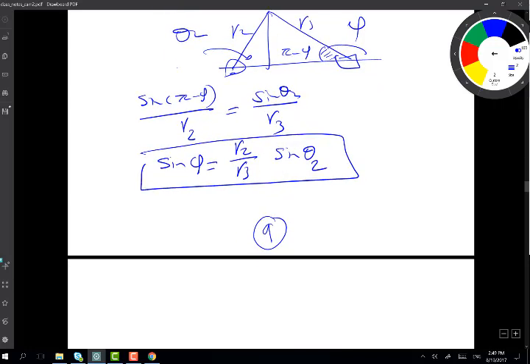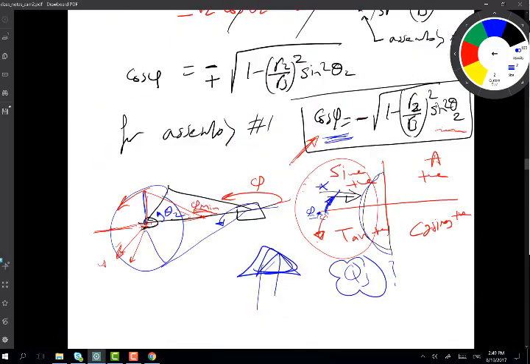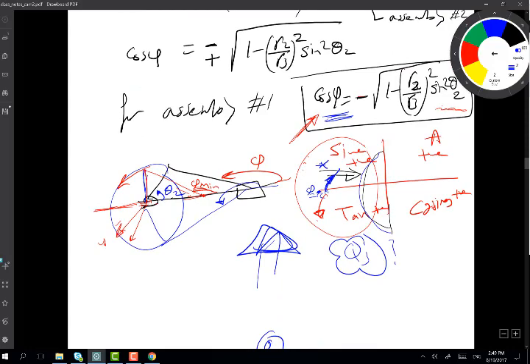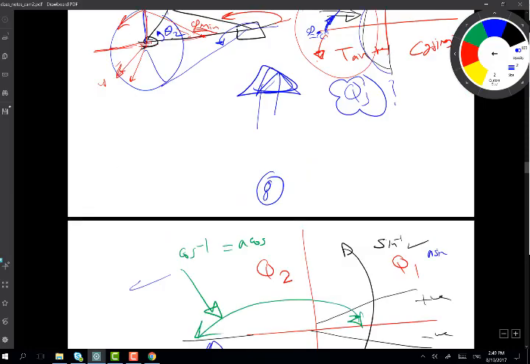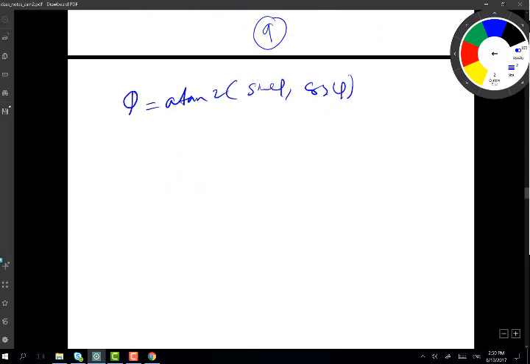So now at any value for theta 2, I can plug the value over here to get my cosine phi, and then plug it here to get sine phi, and then put both together in atan2. So I can say phi is equal to atan2 of sine phi, comma, cosine phi, and you'll be able to plot phi against theta if you like.